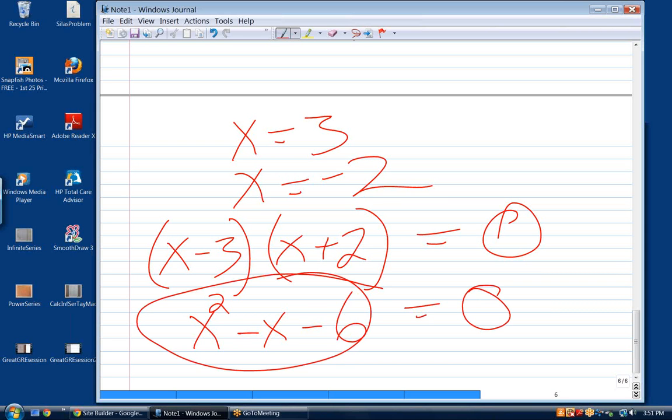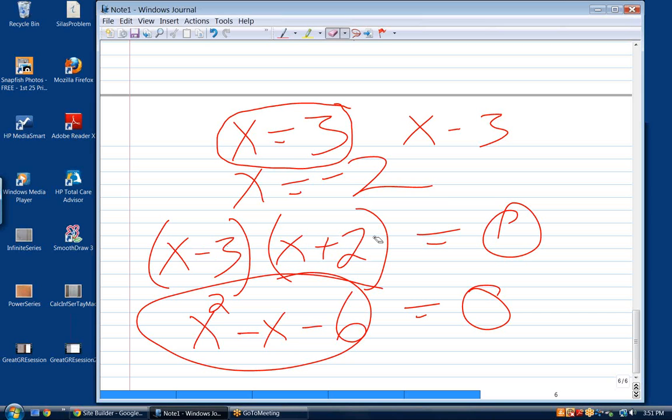But it's a very key concept to know that if you know one of the zeros, then the linear factor is x minus that. Because after all, had we started with this and factored it, then we would have said x minus 3 is equal to 0, therefore x is equal to 3.